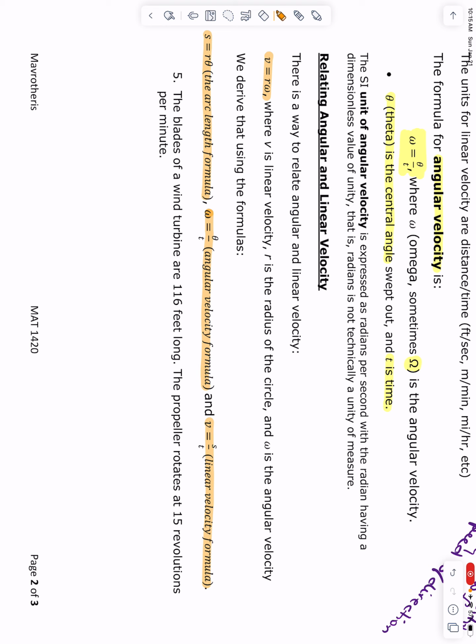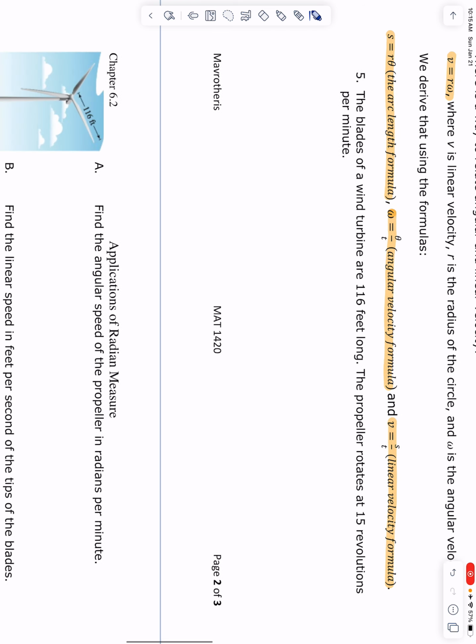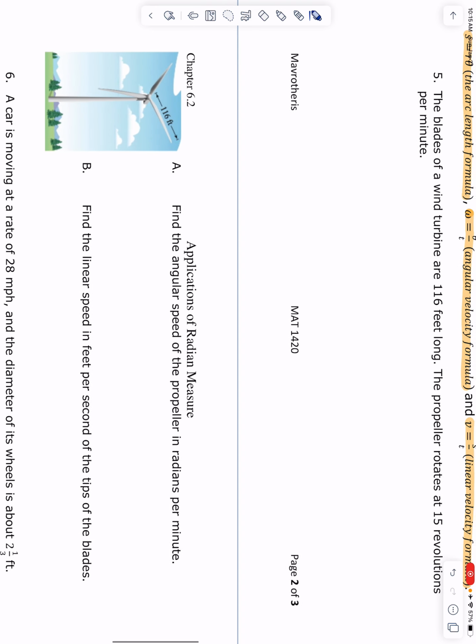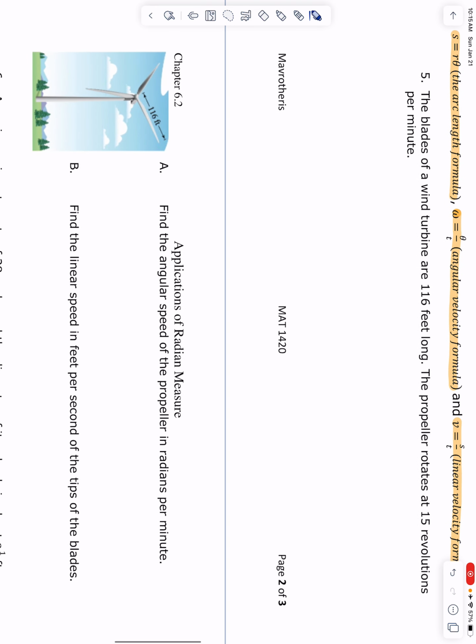Okay. So let's put that together and work through a couple of examples here. We have the blades of a wind turbine that are 116 feet long. Propellers rotate at 15 revolutions per minute. I apologize, the A and the B is on the next page, so we are just going to split pages here.